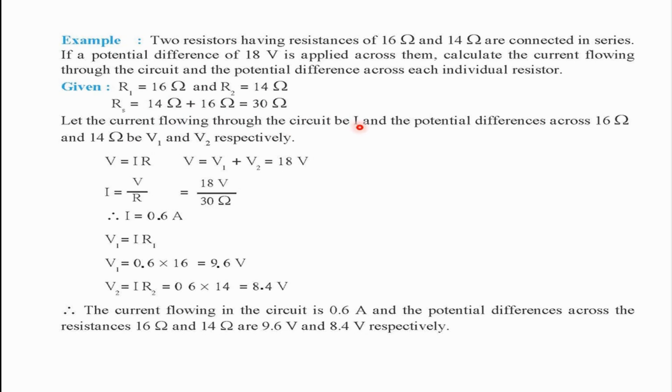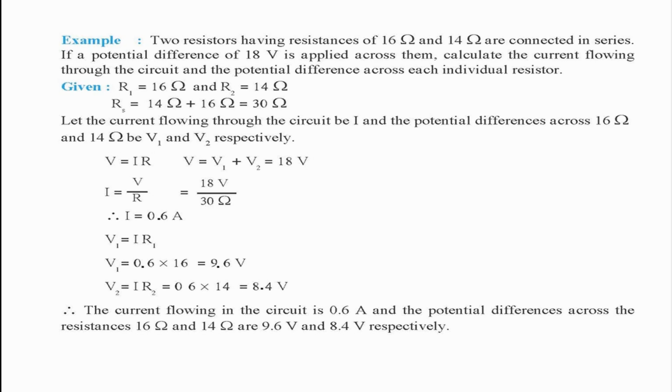Let the current flowing through be I, and the potential difference across the individual resistors be as follows. The potential difference across the 16 ohm resistor will be V1. The potential difference across the 14 ohm resistor will be V2. Remember, we have already learned in the previous part of this video, the potential difference across each resistor will be separated if they are connected in series.